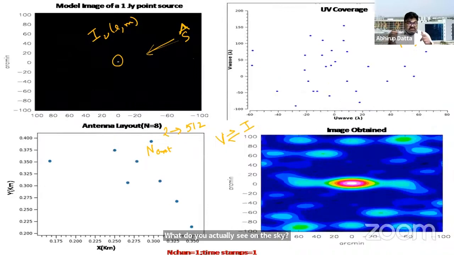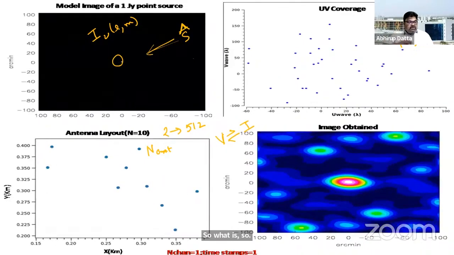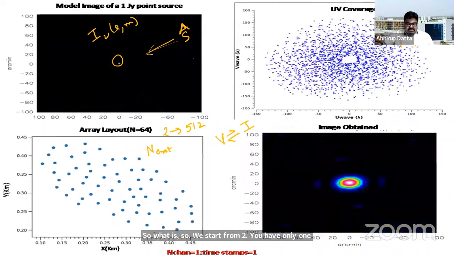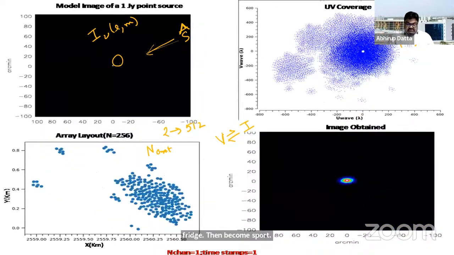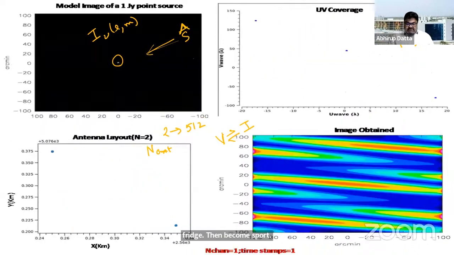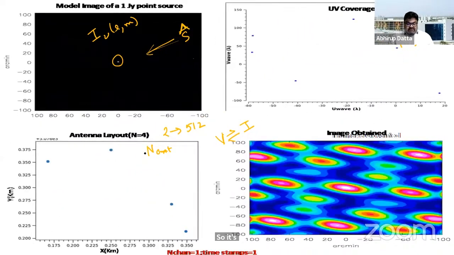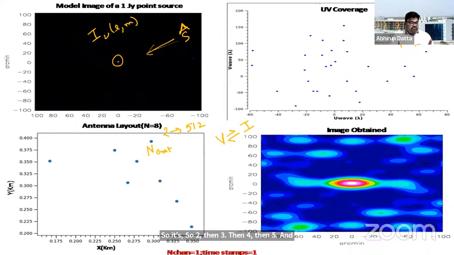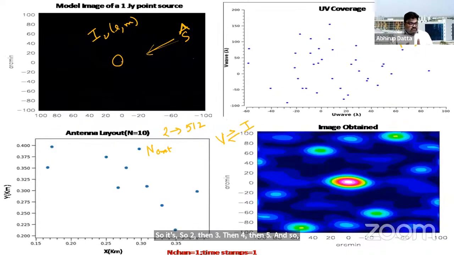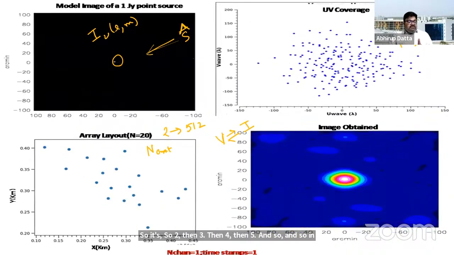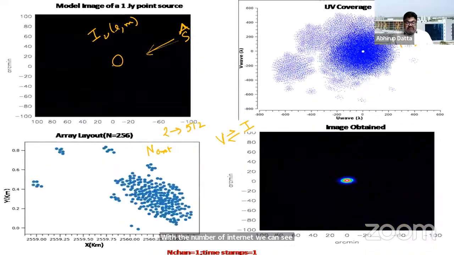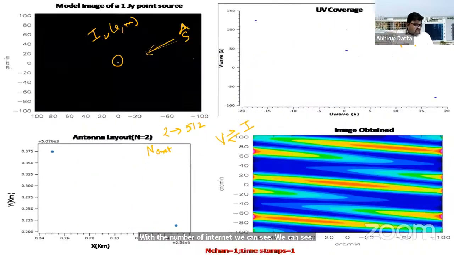So when you start from 2, you have only one fringe. Then it becomes 4. So let's look at it again. Now start. So 2, then 3, then 4, then 5, and so on. When it was 2, the number of baselines was 1. When the number of antennas became 3, the number of baselines became 3. Then 4, it increases further, and so on.